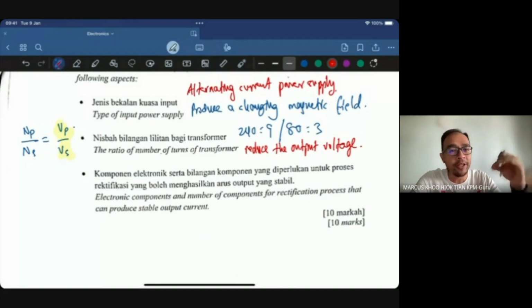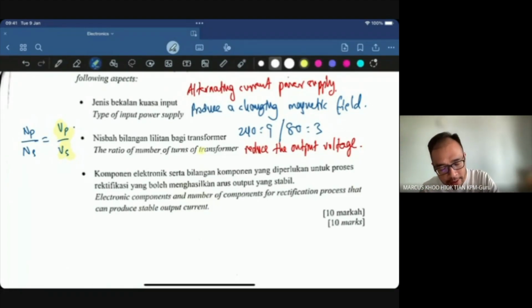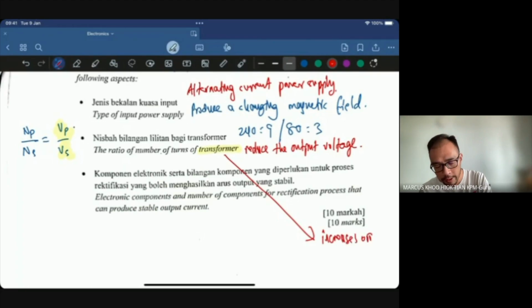Sorry, this is a side note. There are a lot of side notes in this question because it actually involves many chapters. I'm taking the opportunity to revise with you. The definition of a transformer is a device that increases or decreases the output voltage.